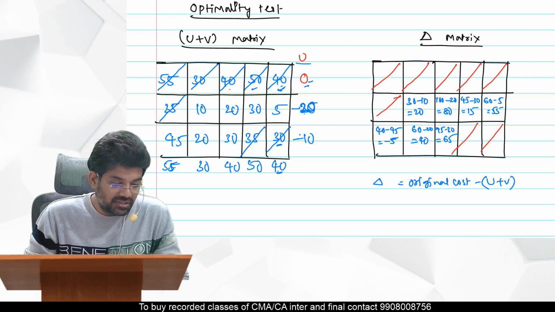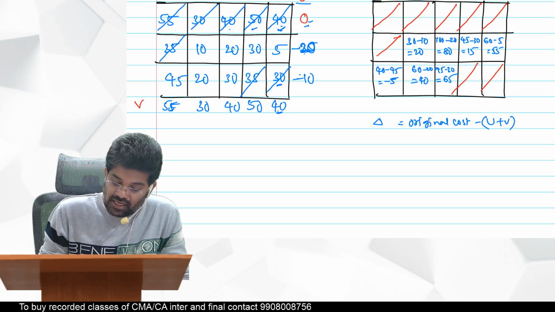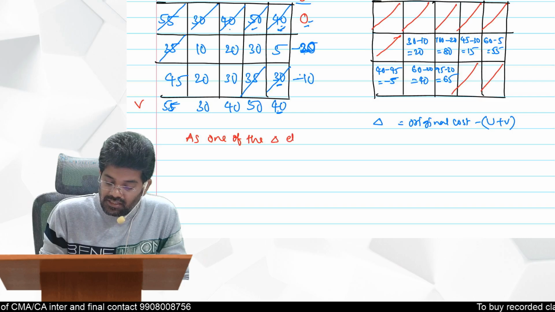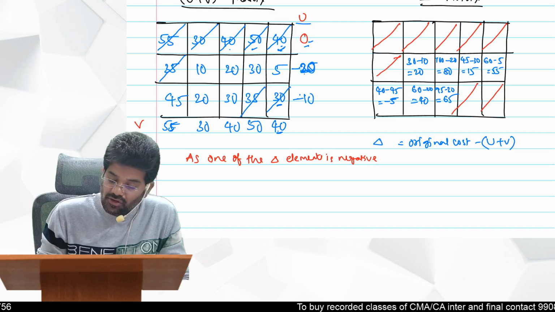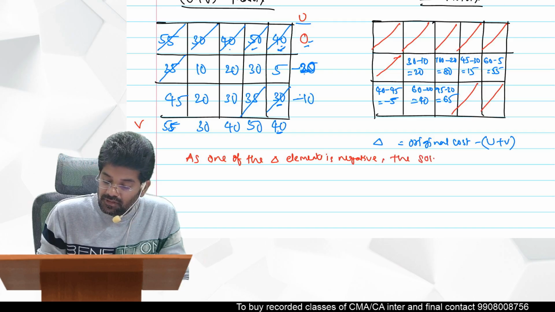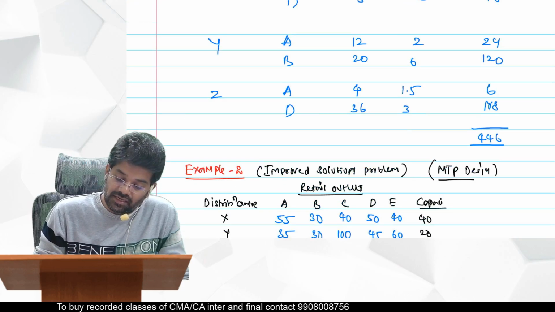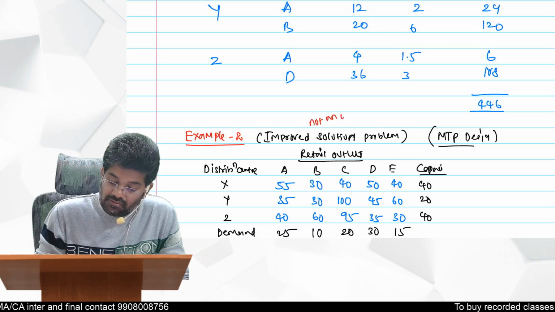As one of the change elements is negative, the solution is not optimum. So that is the heading I gave for this example. Not an optimum solution.